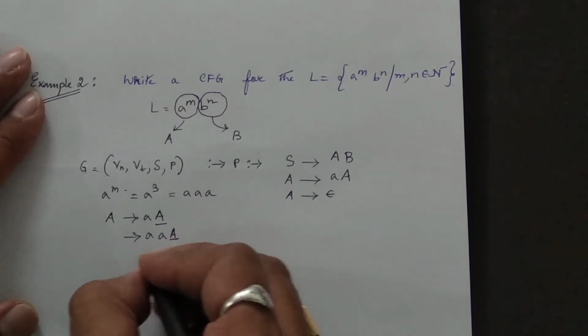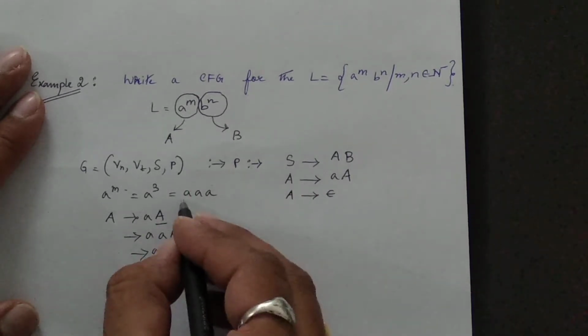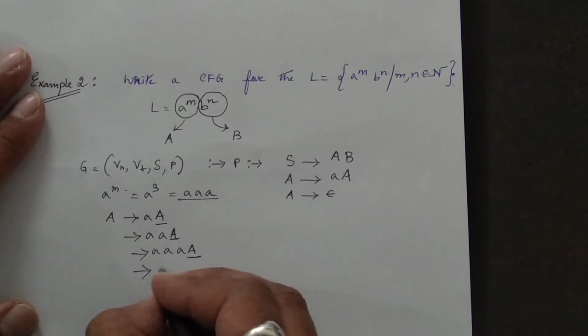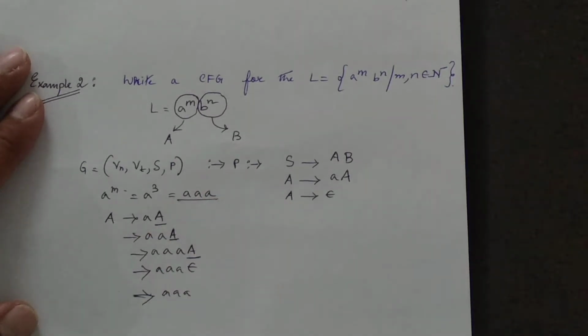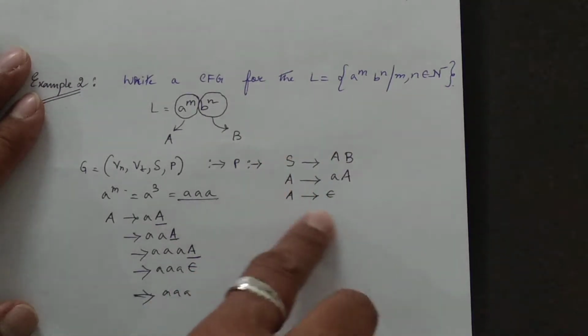Again, I will replace this A by the same production. And finally, I am done with the string. So I will take the production A tends to epsilon over here. And then what string will I get? aaa, which is my required string. So this is how you have to justify a particular production. Done. So I am done with these.